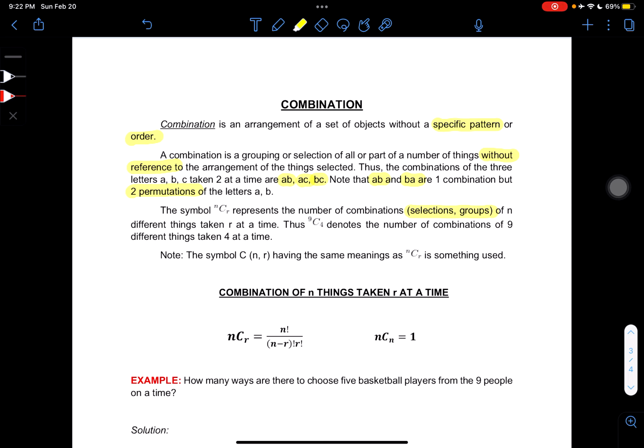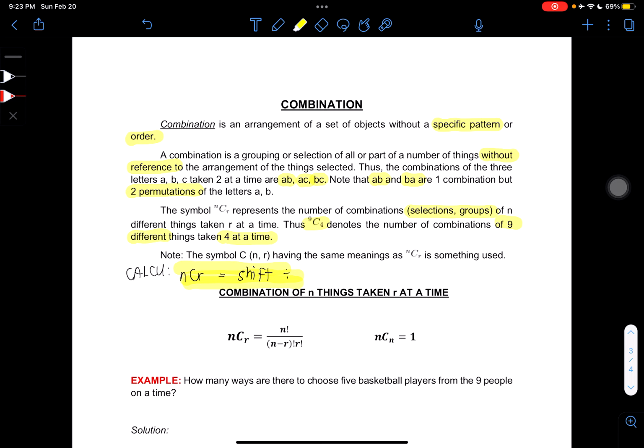So nCr can be found on the calculator as a shortcut. For example, 9C4 denotes the number of combinations of 9 different things taken 4 at a time. So on the calculator, you can see it. The shortcut is shift, then divided by. So this is the shortcut on our calculator.